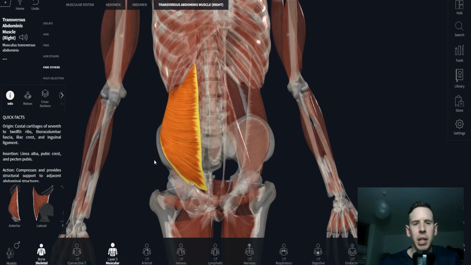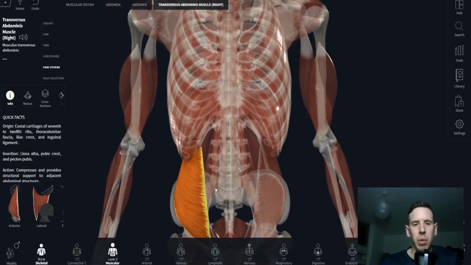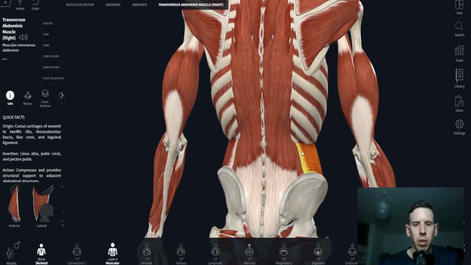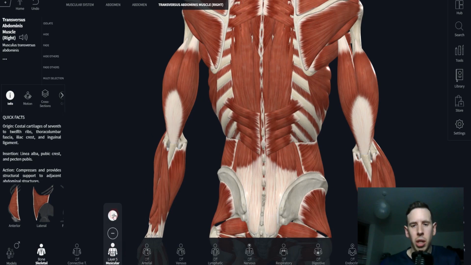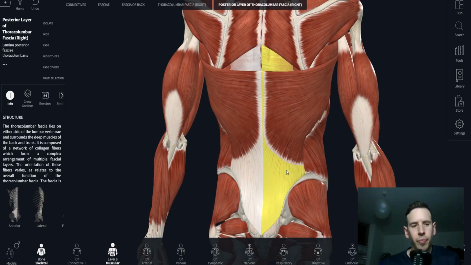And then we have attachments up into the ribs. It actually extends a fair way up into the rib cage, the articular cartilage of, essentially, you've got 12 ribs and it attaches into ribs 6 to 12. Also, to a degree, into the thoracolumbar fascia, this sheet of connective tissue here.